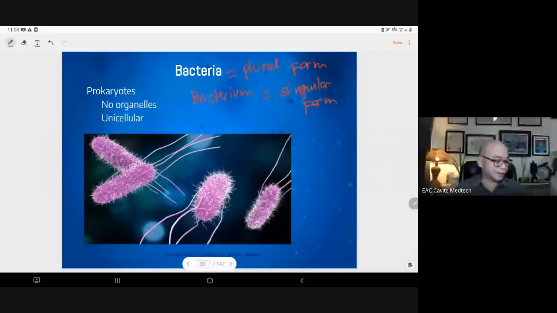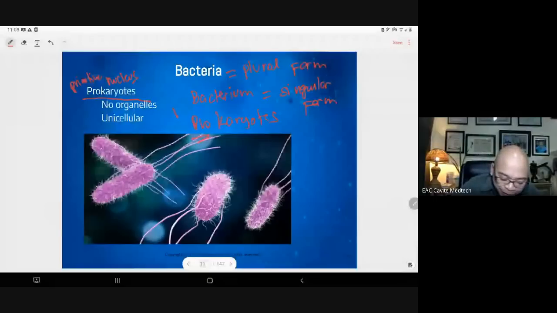Okay, so bacteria are examples of organisms with primitive nucleus. In fact, the term prokaryotes, pro means before, and karyo refers to nucleus.